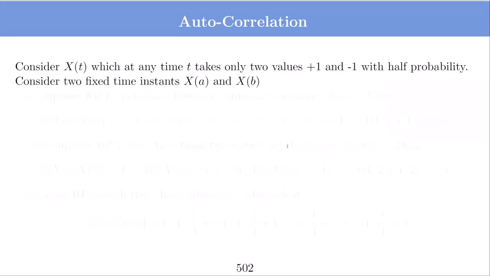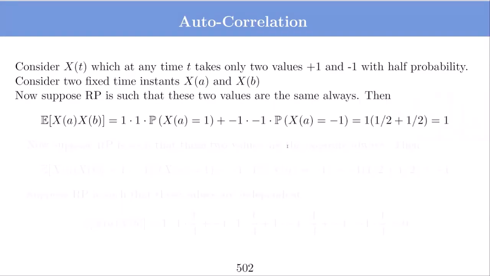Now let us focus on two time instants, Xa and Xb. Suppose the random variables are such that these two values are always the same. In that case, what if I compute the autocorrelation? When I say they are the same, it means if Xa is 1, Xb will also be 1, and if Xa is -1, Xb will also be -1.